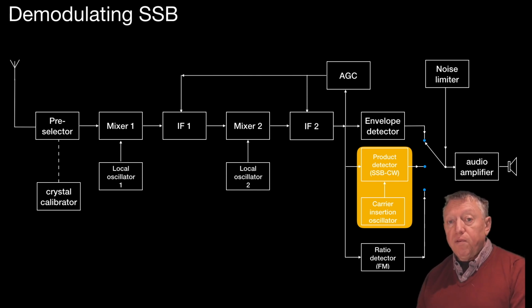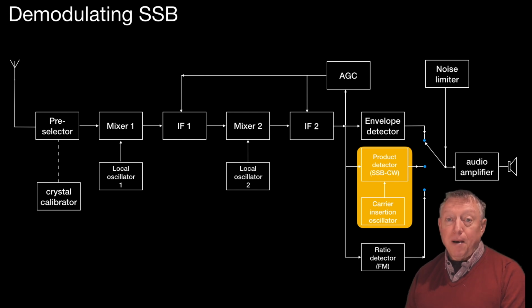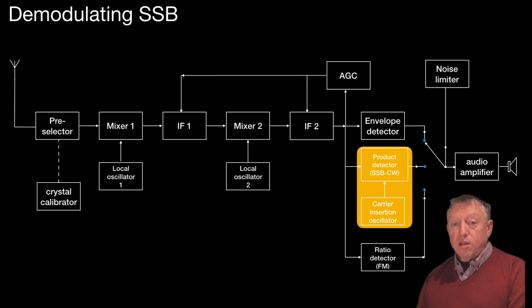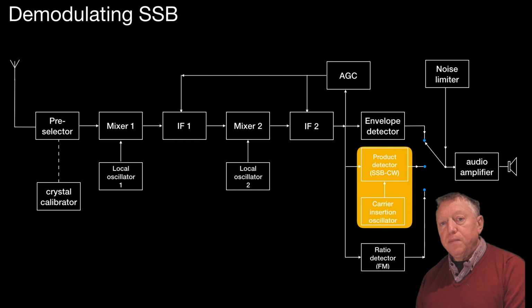And you will recall from the video on transmitters, this gives us considerable advantages in that we can concentrate our power capability into just the information carrying part of the signal. We don't have to send the redundant parts. And by redundant part, I mean the carrier and the other sideband.